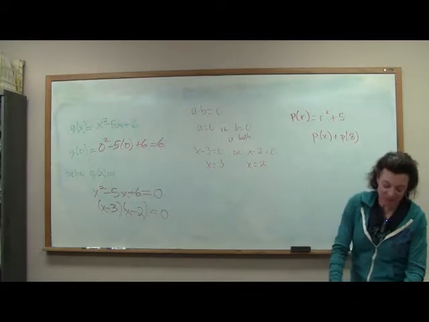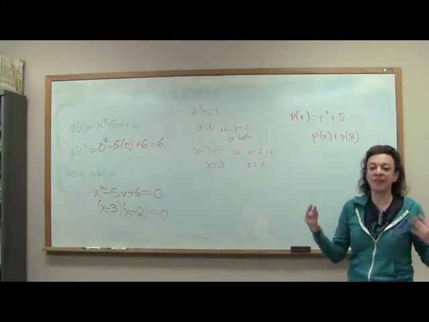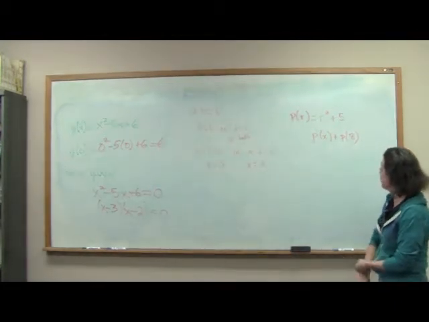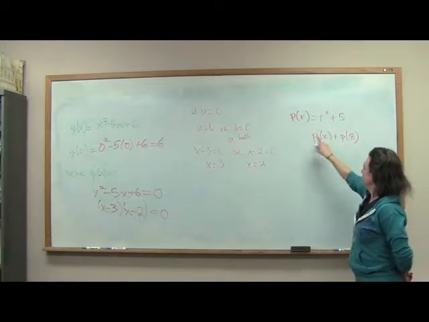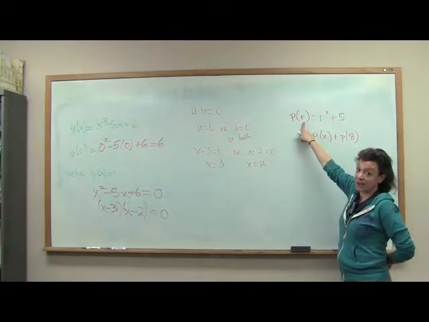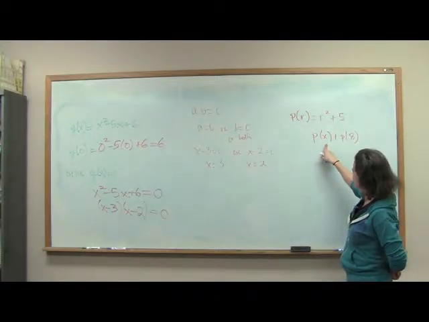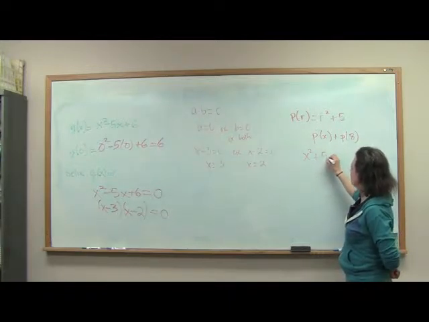Now, I know this seems silly to do, but I assure you these are all tools that we're going to be building up, which will take us somewhere. Okay? Well, what is P of X? Notice everywhere where I see an R in my function P, I'm going to put in an X. So wouldn't P of X just be X squared plus 5?